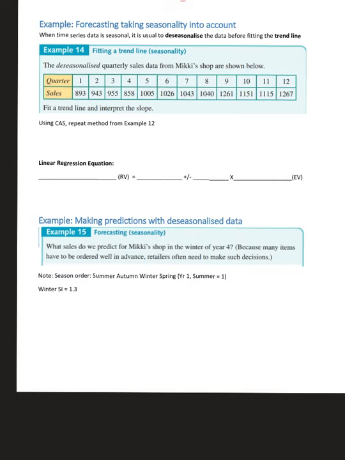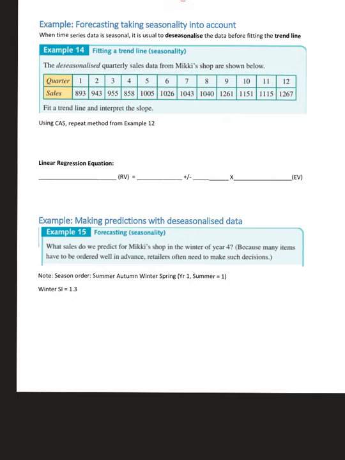Alright, so remember, if you are given deseasonalised sales and you're asked to get an equation from that, the equation that you get will be giving you predictions for deseasonalised sales, right? If you have been asked for an actual figure, you will have to re-seasonalise that prediction to put the seasonal effect back in.